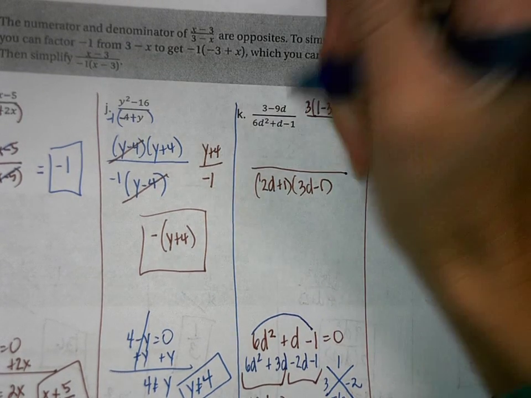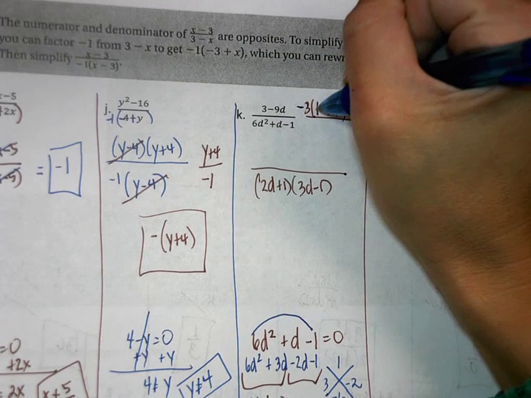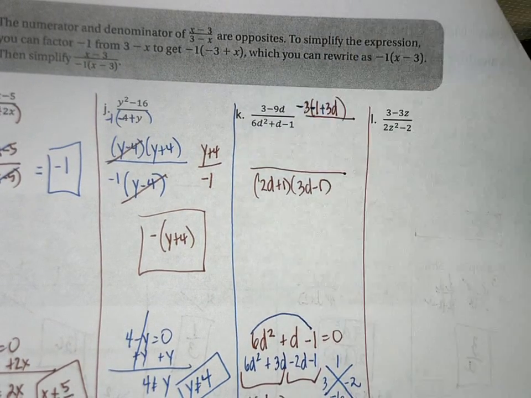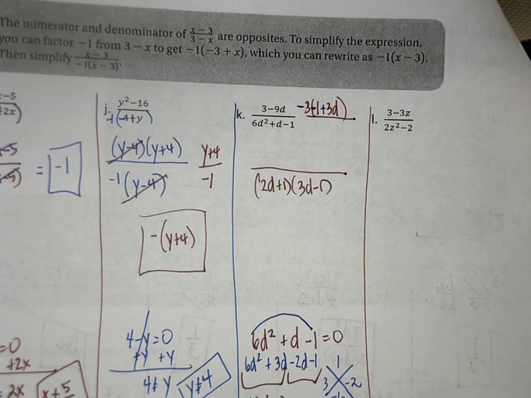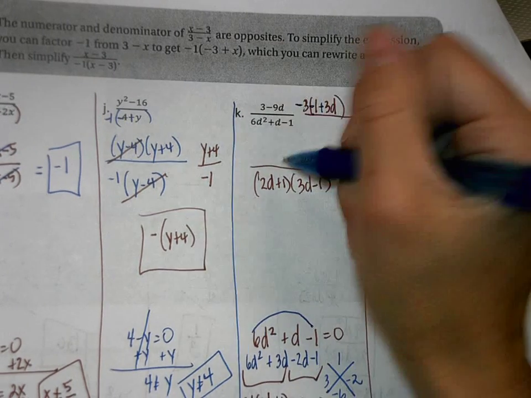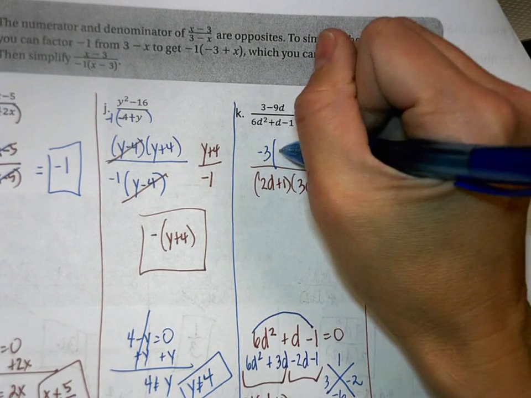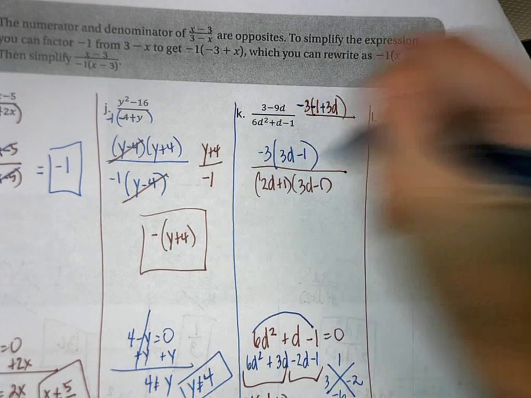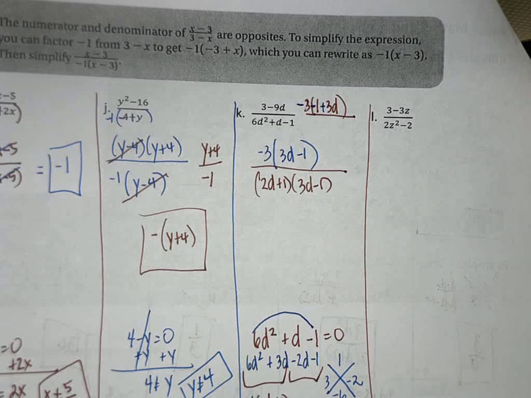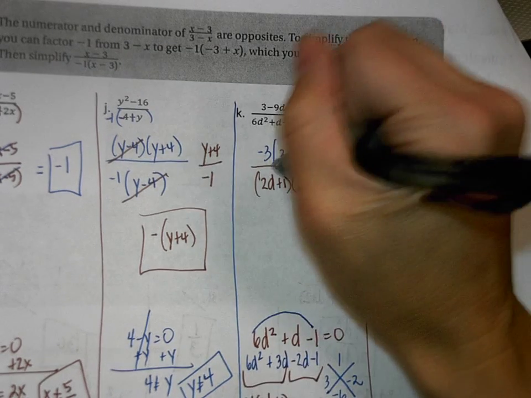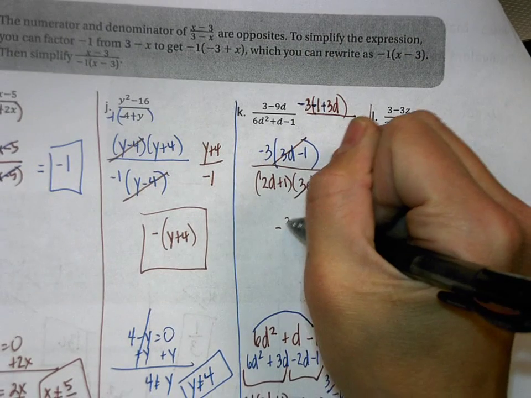So if I take out a negative, the 1 becomes a negative and the 3d becomes a positive. So I'm going to rewrite this as negative 3, parenthesis, and then 3d minus 1. Is everybody okay? Yes? Okay. So 3d minus 1's cancel, and we're left with negative 3 over 2d plus 1.